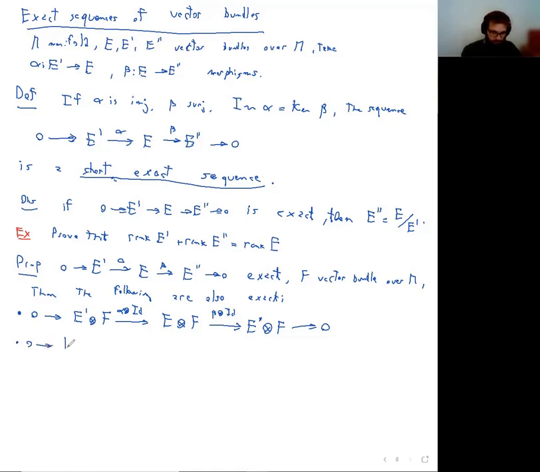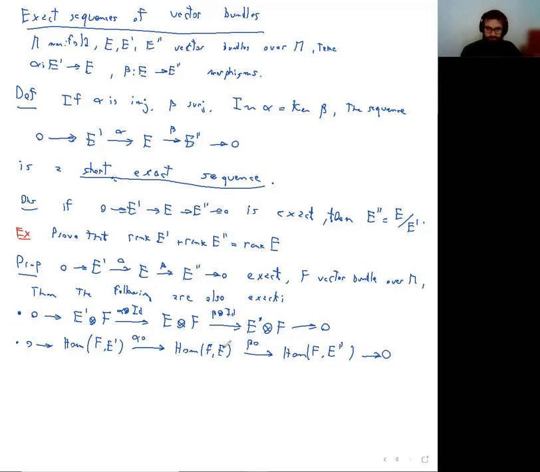Also, if you take hom from F into E, this is also exact. Zero, and here the map is given by post composition.